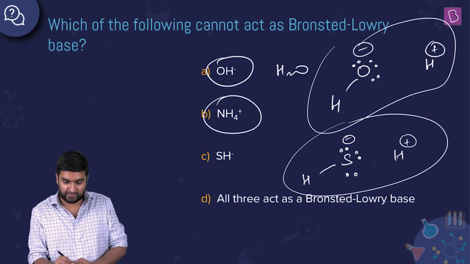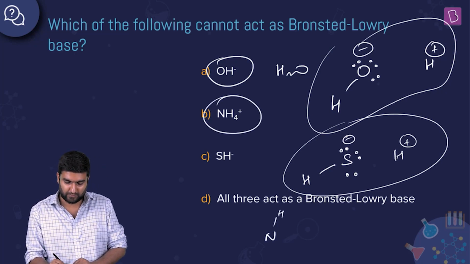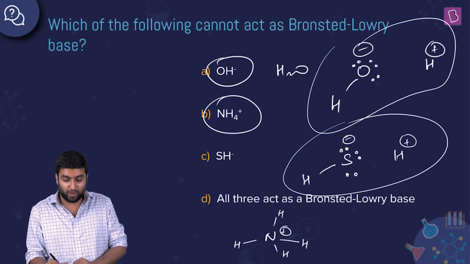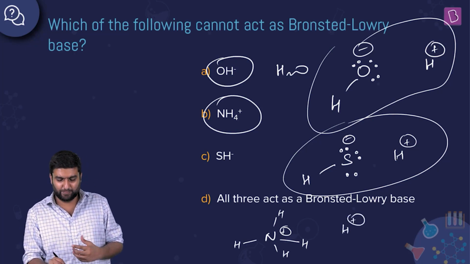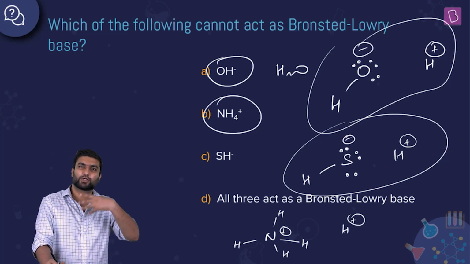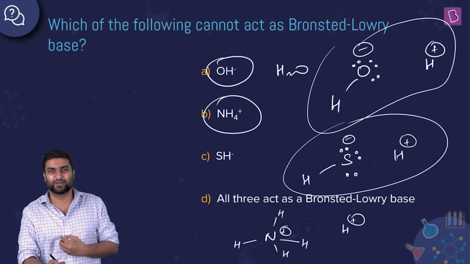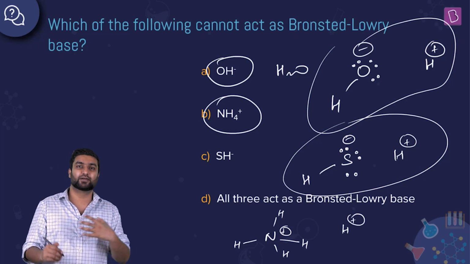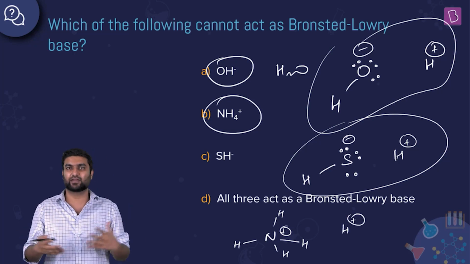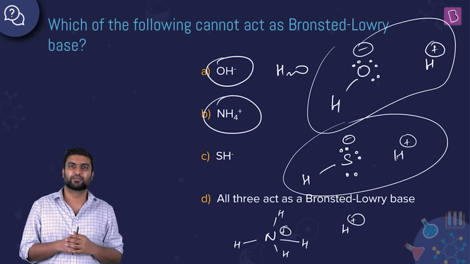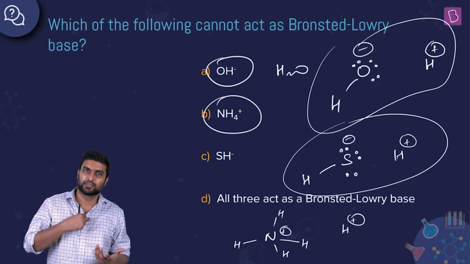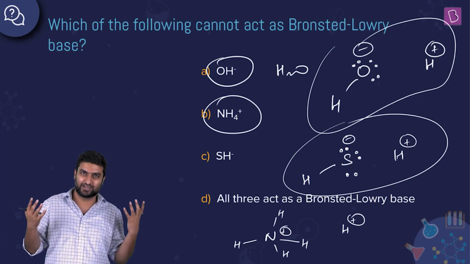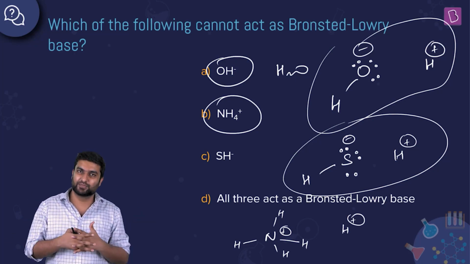But if we have NH4 plus, right, we cannot form NH5 2 plus. Why? It is simply not possible. By the rules of bonding that we studied in chemical bonding, by the rules of stability and octet, etc., we cannot have the formation of NH5 2 plus. There's simply not enough electrons to form this bond.